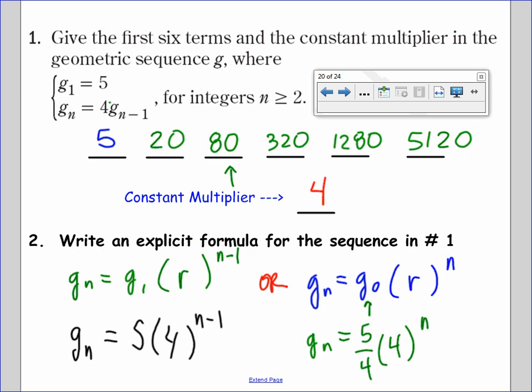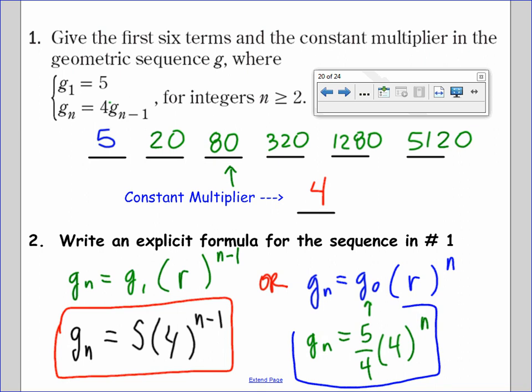So I can do this two different ways. Quick check with n equals 3. 4 to the third is 64. Divided by 4 is 16. Times 5 is 80. So it works either way. What questions do you have about our explicit formula? Again, a matter of personal preference.